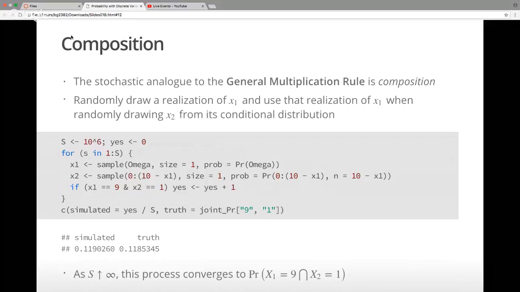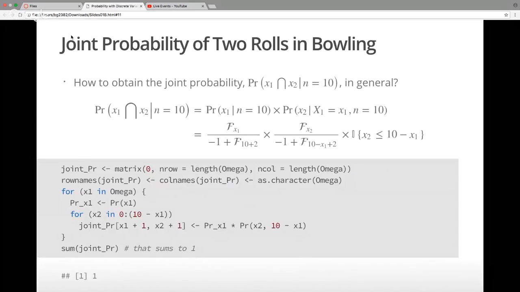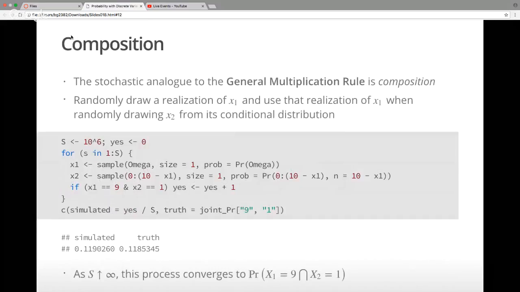And then after the million iterations of the loop is over, I can compare the number of times that this happens in simulations, which is 11.9%, to the true probability that we could get by analytically evaluating this expression with 9 and 1. And it comes out to like 11.8.